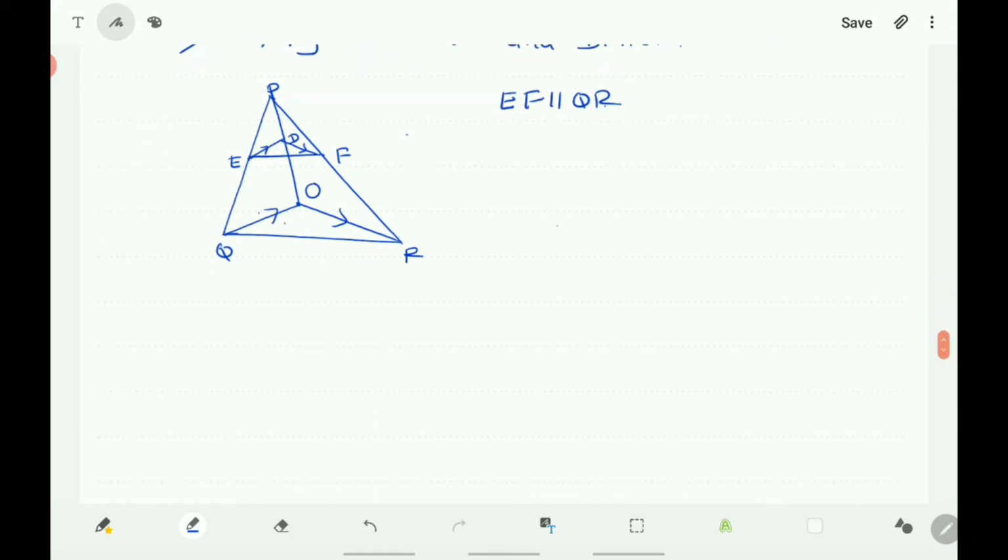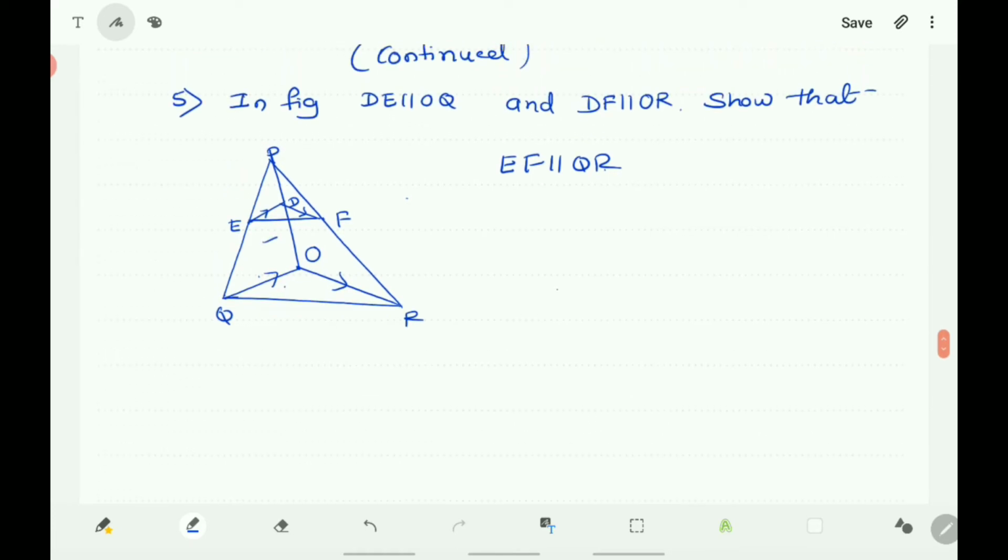Now here you take the triangle POQ. In triangle POQ, it is given that DE is parallel to OQ.